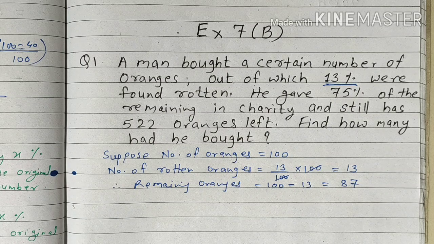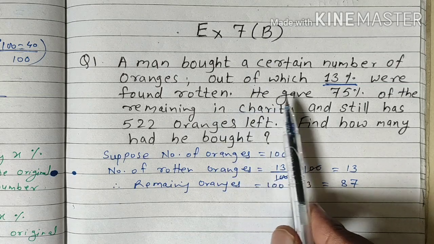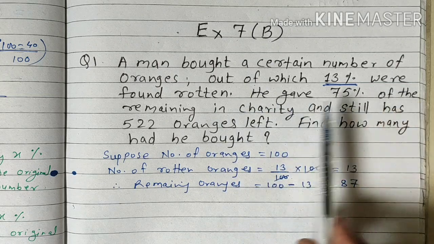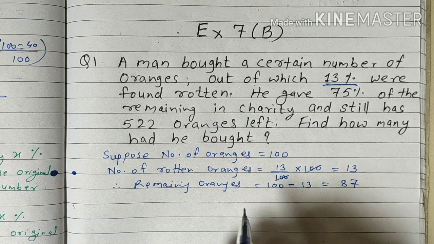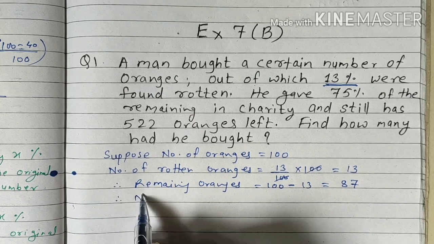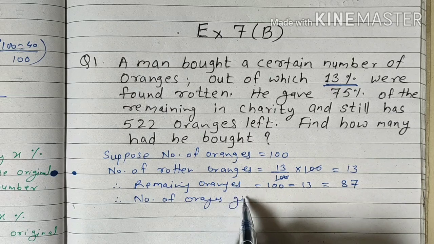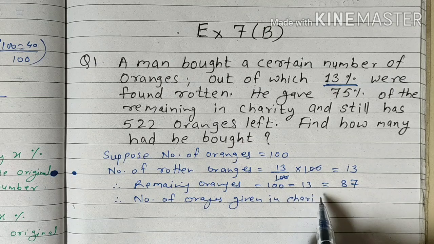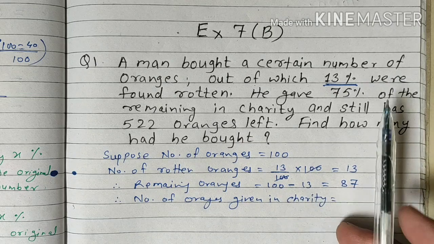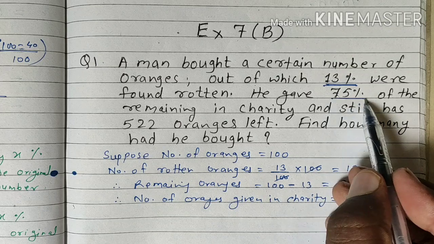Okay, now what they are saying, out of this 87 oranges, he gave 75% of the remaining in the charity. Okay, so let us find out the number of oranges given in charity. Number of oranges given in charity, it is how much? 75% of the remaining oranges. That means 75% of 87. Correct?